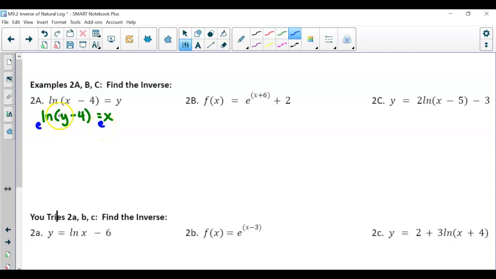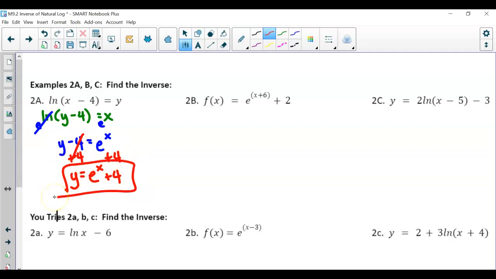That's my shortcut here because these are inverse operations and cancel each other out. So you're just left with y minus 4, which is now equal to e to the x power. Now I can solve for y by adding 4, the inverse opposite operation. Y is equal to e to the x plus 4.